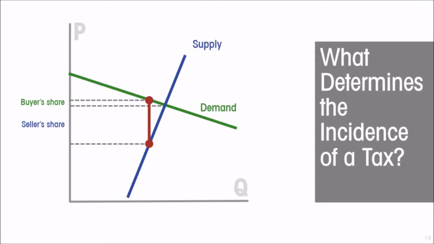Which allows us to answer one of the questions that we posed earlier. Can suppliers always just pass on the tax to consumers?